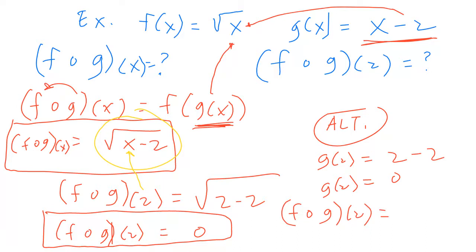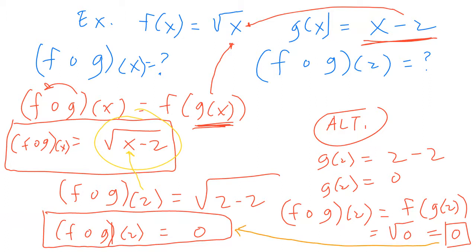You plug in your g of 2 to the x of your f of x. So it gives you square root of 0. And what is square root of 0? That is equal to 0. So still it gives you the same result, exactly the same. So you got 0 there.